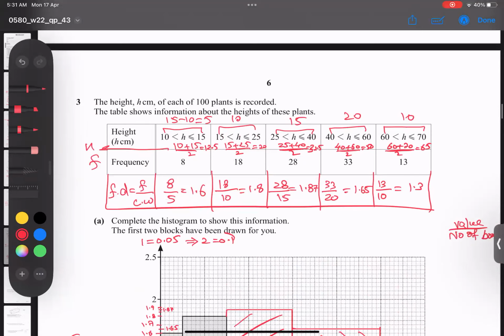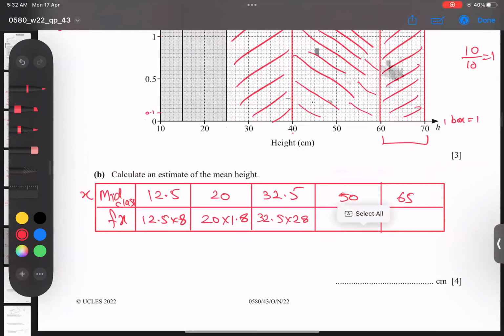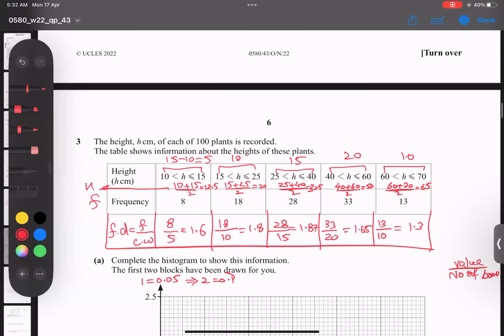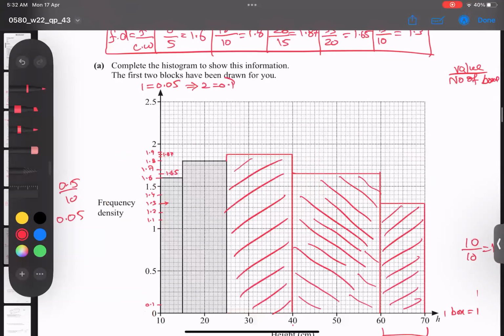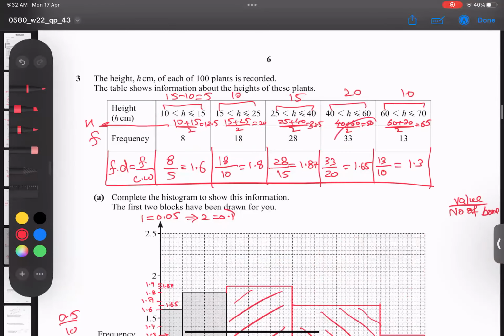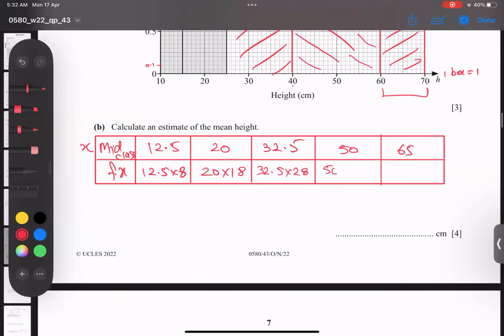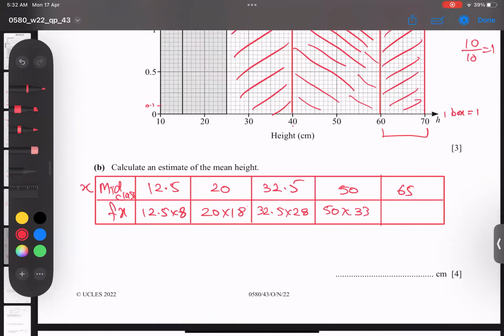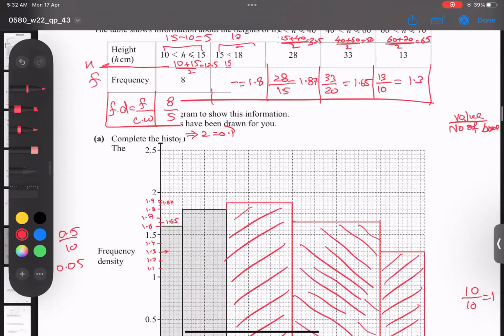Yeah, there is a mistake. It's 18, not 1.8. So 20 times 18, 32.5 and 28. Now 50 times 33, sorry, 33. Last one is 65 times 13, this frequency is 13.